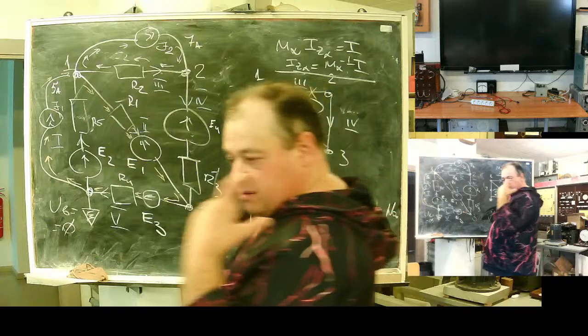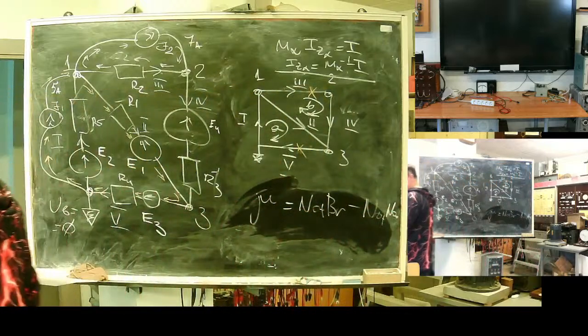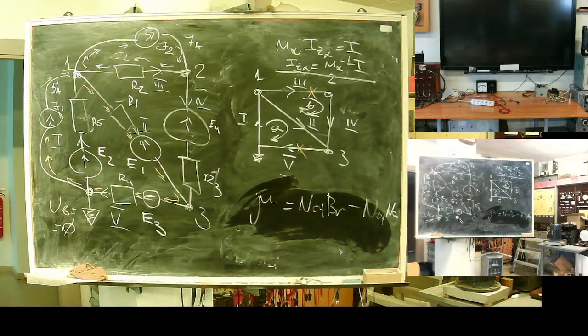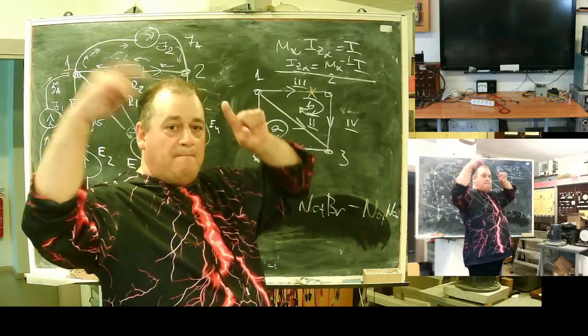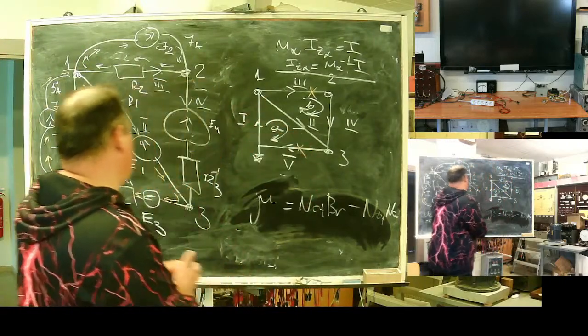So I need a lower part for my system, and this lower part should contain as many rows as needed to get a square matrix, meaning number of columns minus number of rows in the M matrix.